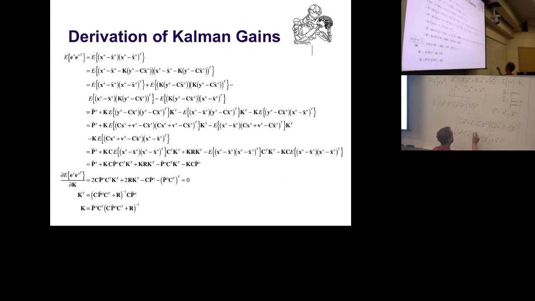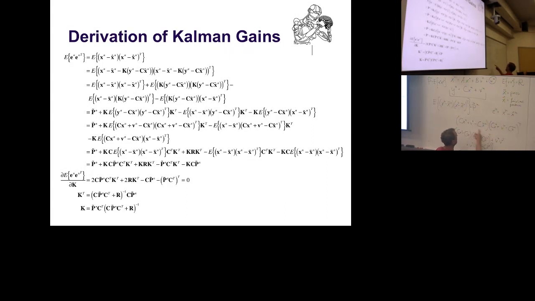And then I get the cross terms, which are going to be Vn times Cxn minus Cx squiggle n, and I get another term. There must be a transpose somewhere.